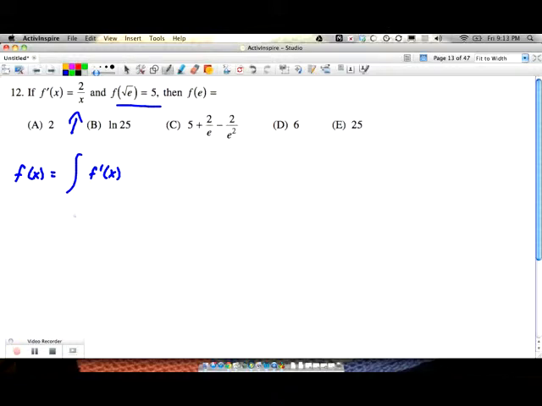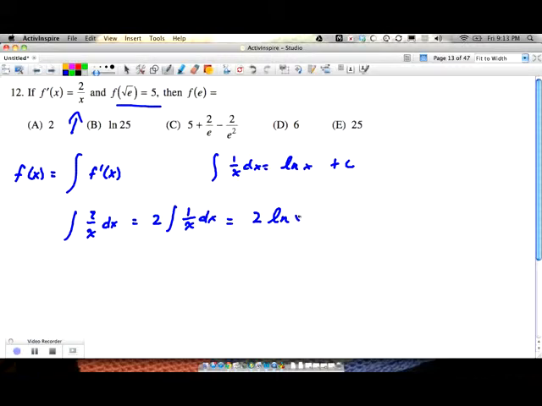So the antiderivative of 2 over x dx is really equal to 2 times the antiderivative of 1 over x dx. And the antiderivative of 1 over x dx is equal to natural log of x, and then we got plus c. So this is going to become 2 times the natural log of x plus c. So f of x equals 2 times the natural log of x plus c.